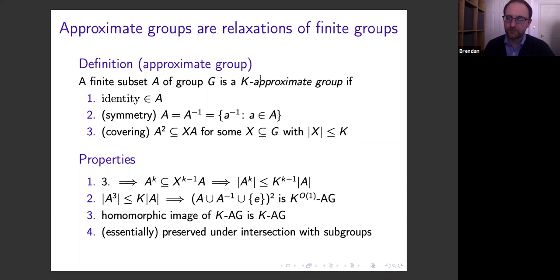You may have some losses in k, but the idea is that any operation you could do with a finite subgroup, you can do with a k-approximate group, and you should get back a k-approximate group, perhaps with a slightly worse value of k, roughly speaking. So approximate groups are finite groups with a fuzziness parameter.